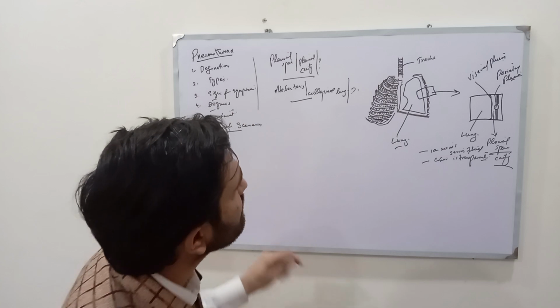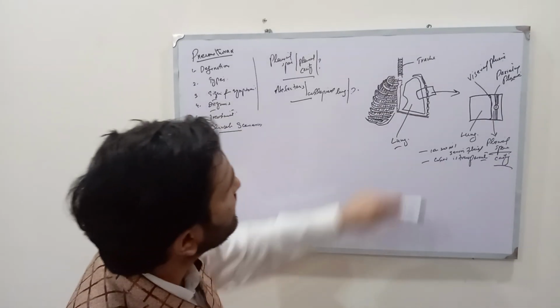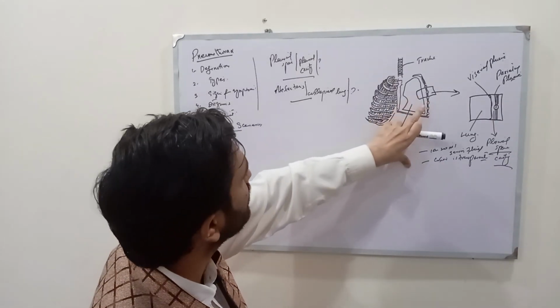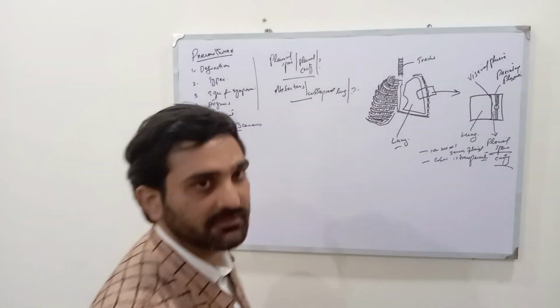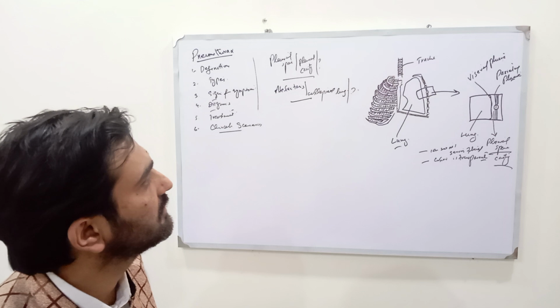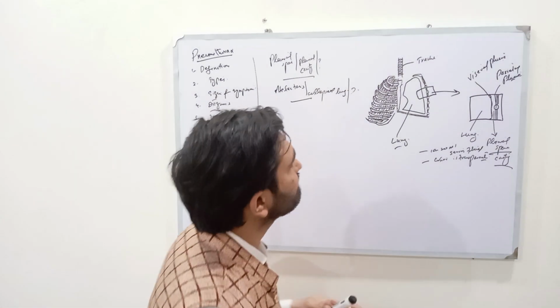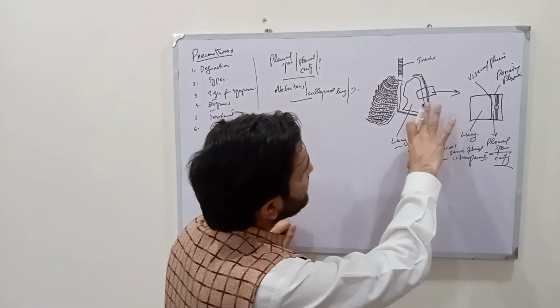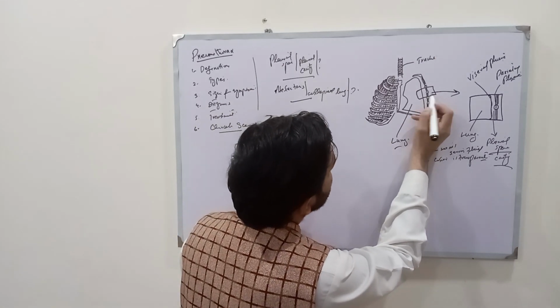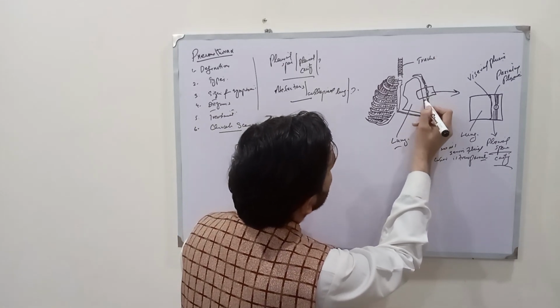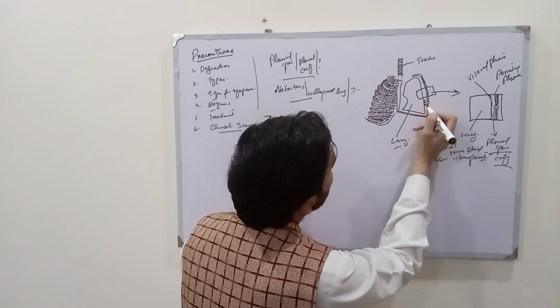When in this space, the pleural space or pleural cavity, air or fluid or blood accumulates in this space and exerts pressure on the surface of the lung.